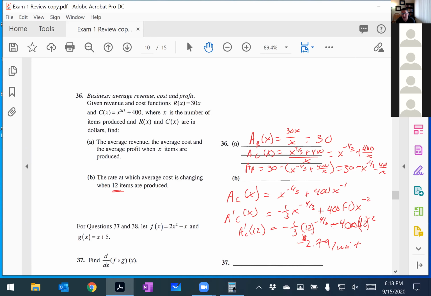Let's factor this out. This is x times 3 minus 4x equals 0. And so when x is equal to 0, I get a horizontal tangent. And when x is equal to, what is this, 3/4? Or sorry, 4/3.